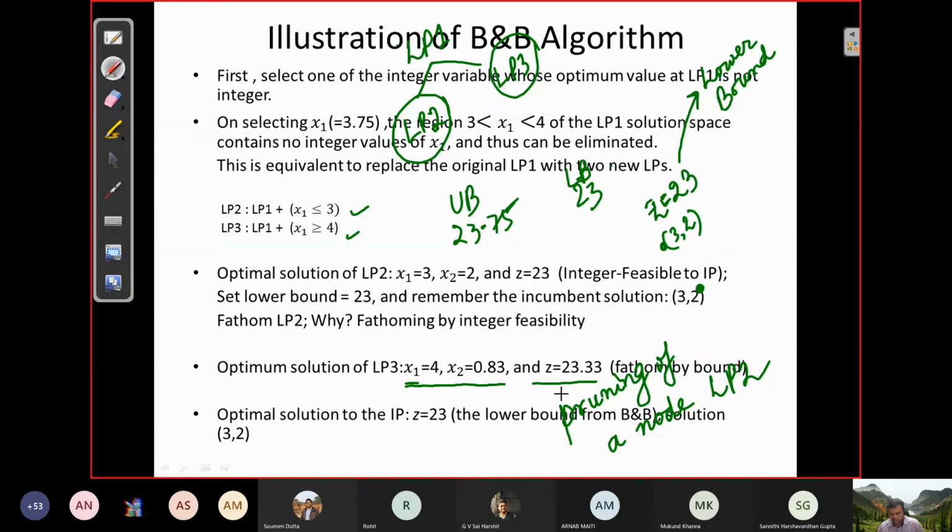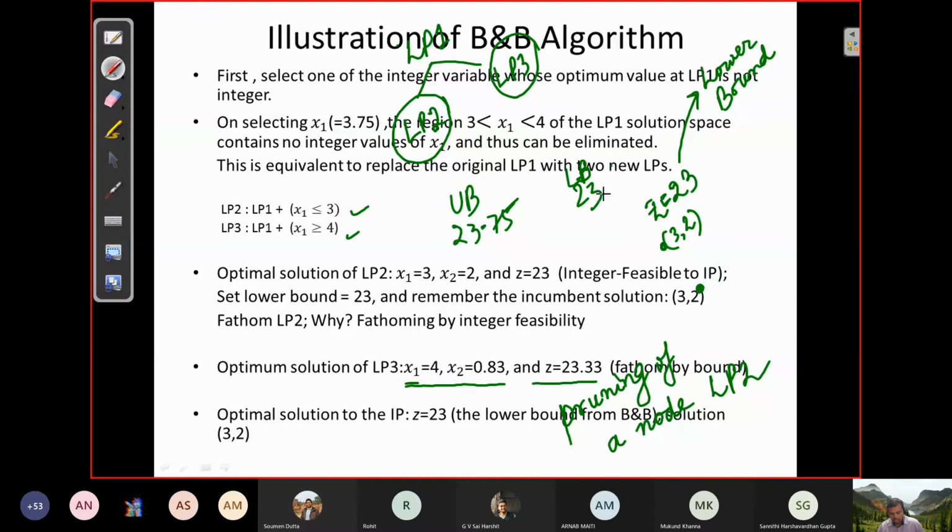So even if you get some integer solution by dividing it into subproblems, right? Will you get anything better than this 23.33? No, it will be less than 23.33, right? Already I have LB 23.